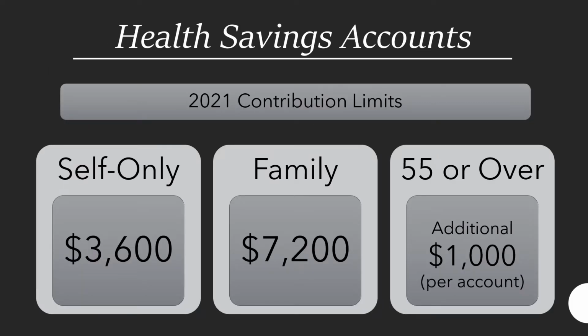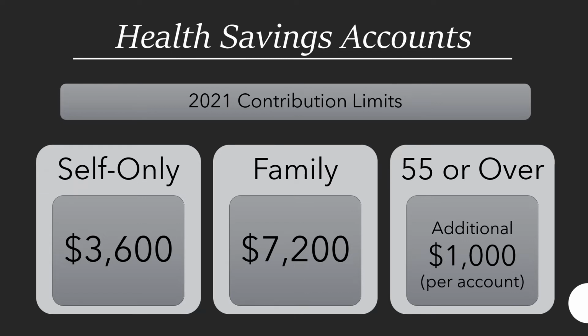Now, as I talked about earlier, these health savings accounts are highly tax-favored accounts, and so of course there's going to be some contribution limits, and that depends on whether the taxpayer has self-only coverage, family coverage, if they're 55 or over. Now, another important point to note is that these accounts are owned by a single individual.